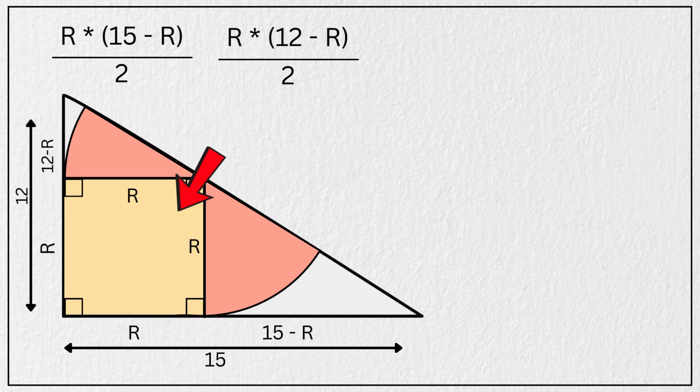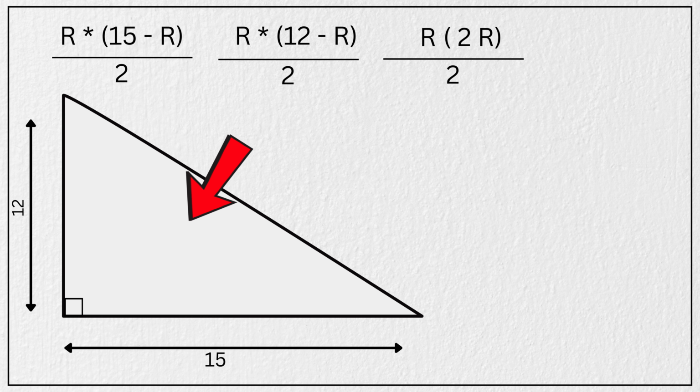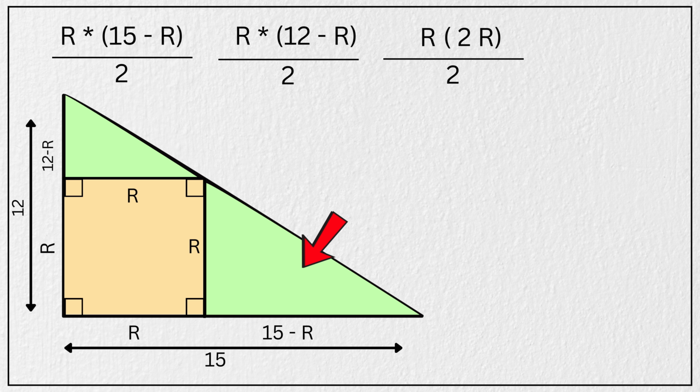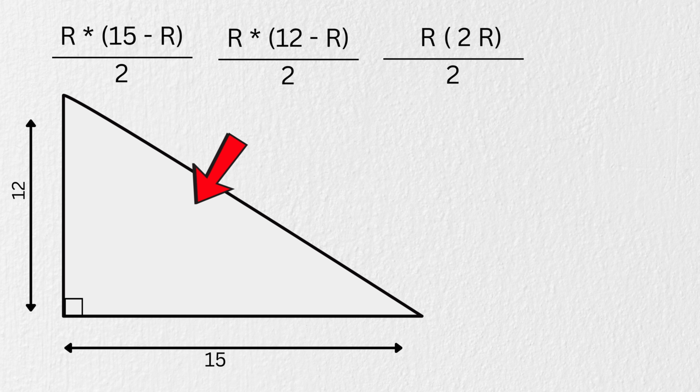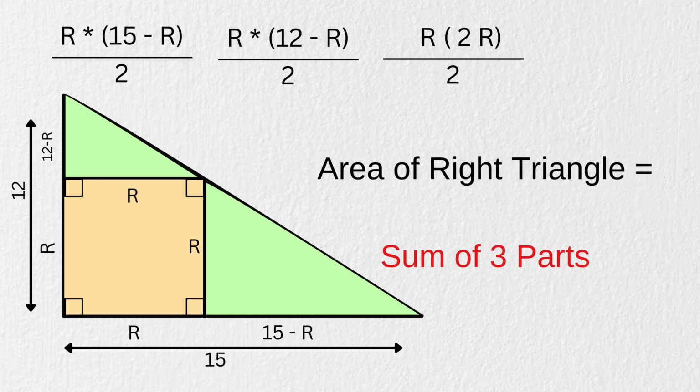And the area of this square will be r times r. So let's multiply and divide this r squared by 2 and rewrite it like this. Have you seen something? This right-angled triangle is divided into three parts. First triangle at the top, the square in the middle, and this other triangle at the bottom. So the area of this entire right-angled triangle is the sum of these three parts, correct?